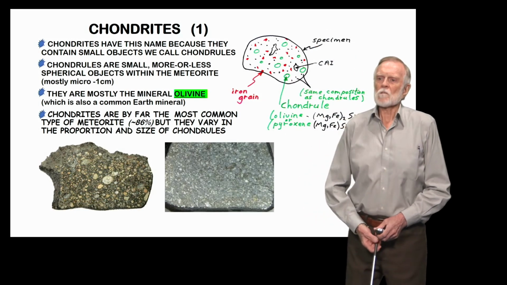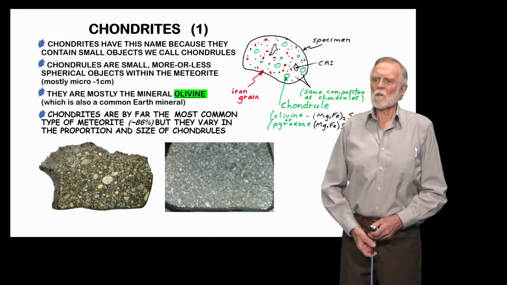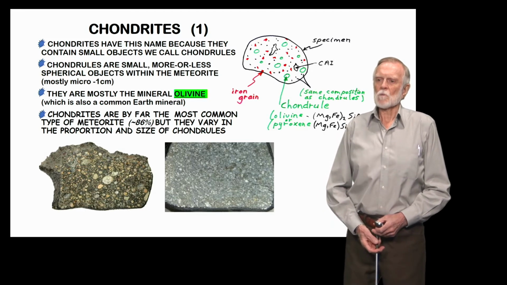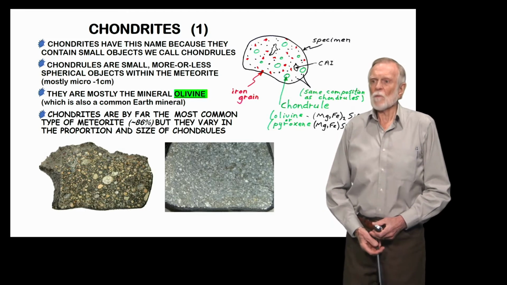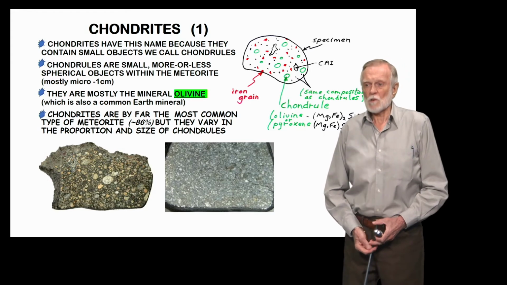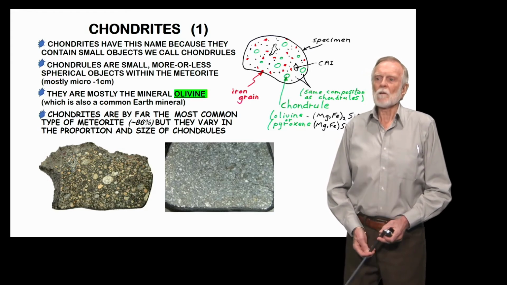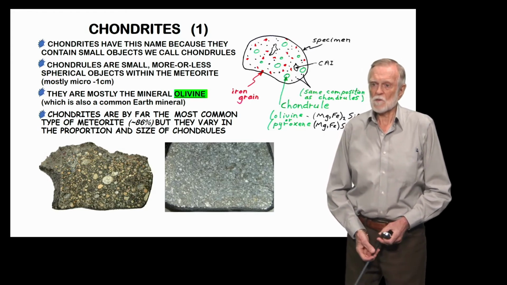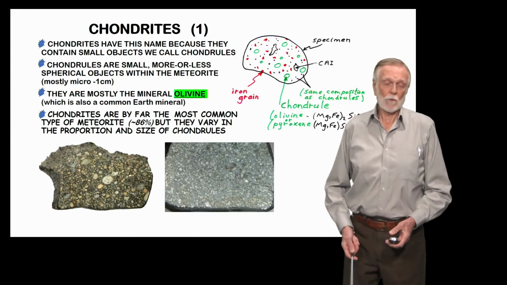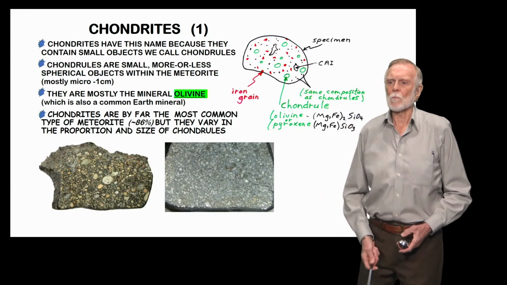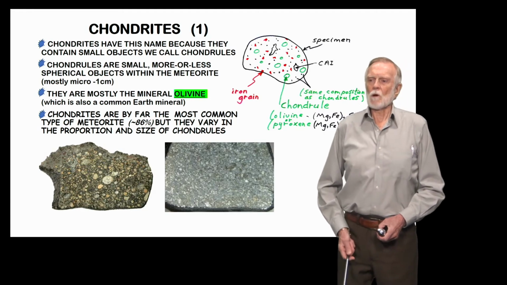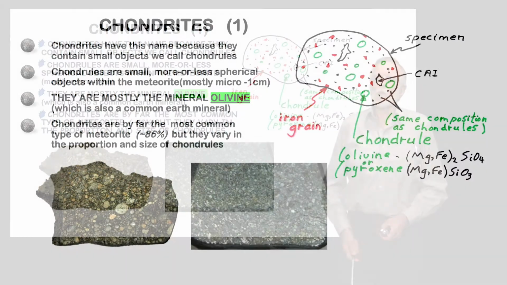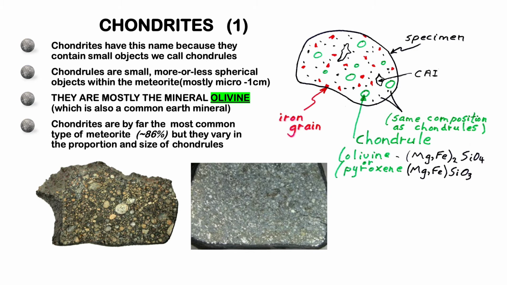But chondrites, by far the most common type of meteorite, 86% of them, are extremely variable in the proportion of chondrules they contain, in the size of those chondrules, and also in the amount of iron and some other things about them. The picture on my far right, these are to the same scale, contains a fairly large chondrule, just about in the middle, almost a centimeter.